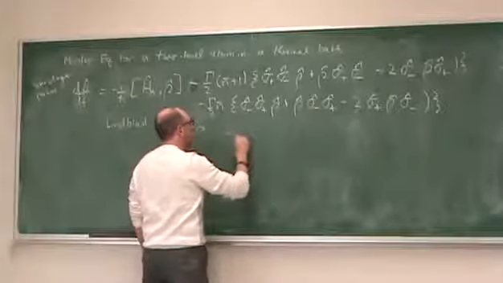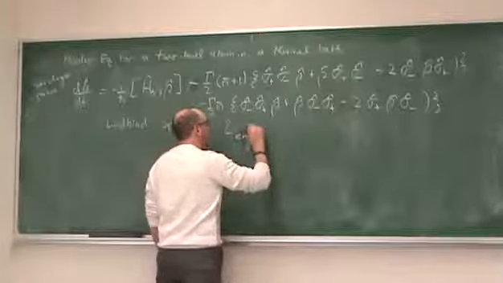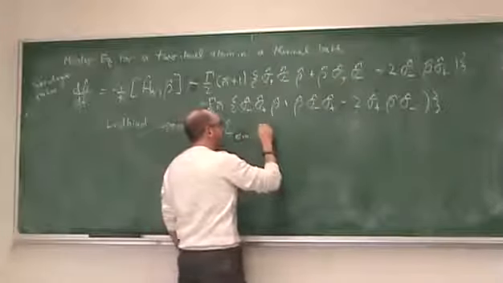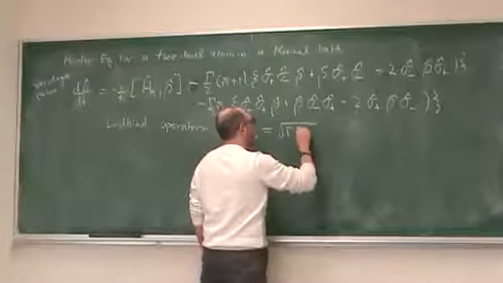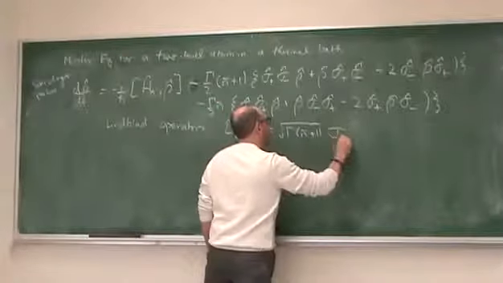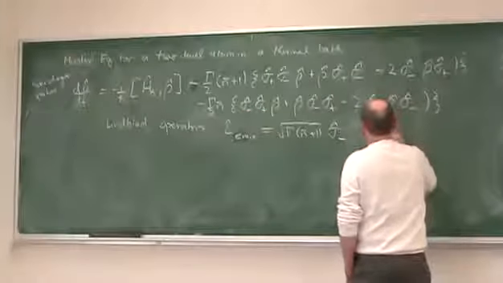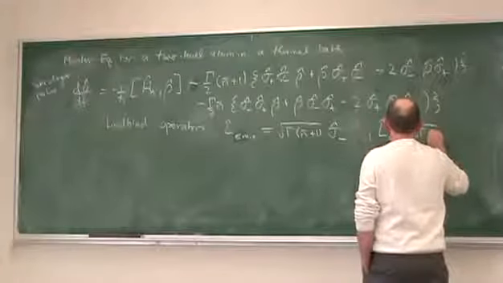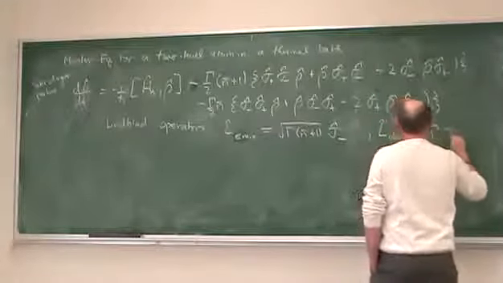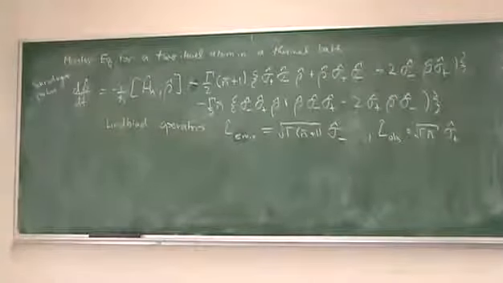With two Lindblad operators. One associated with emission of photons from the atom into the bath, and that is proportional to sigma minus. And then there is another Lindblad operator having to do with absorption of photons from the thermal reservoir into the atom.